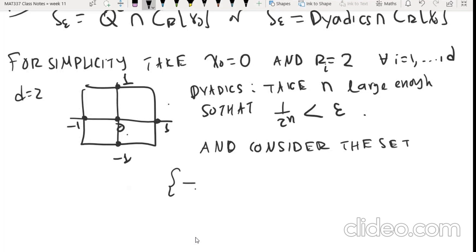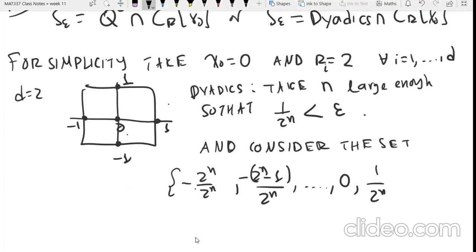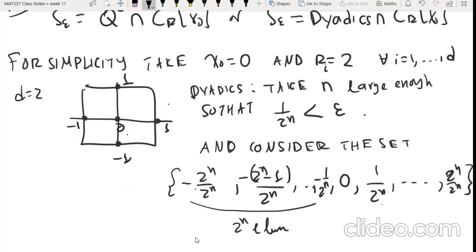So you take -2^n over 2^n, through -1, 0, then 1/2^n. Let me add one more, up to 2^n over 2^n. So this is a discrete set. And here you have 2^n elements, 2^n elements, and then one more. So this will be our S epsilon.